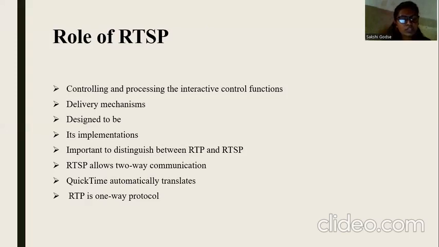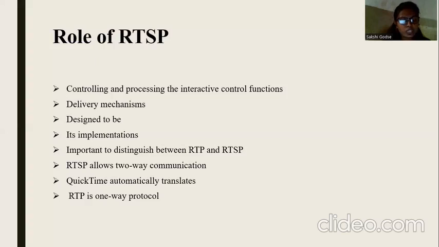Here we need to know the difference between RTP and RTSP, as both have their own specific functions in streaming, so it is important to distinguish between them. RTSP is another transfer protocol, used whenever users communicate with a unicast server.